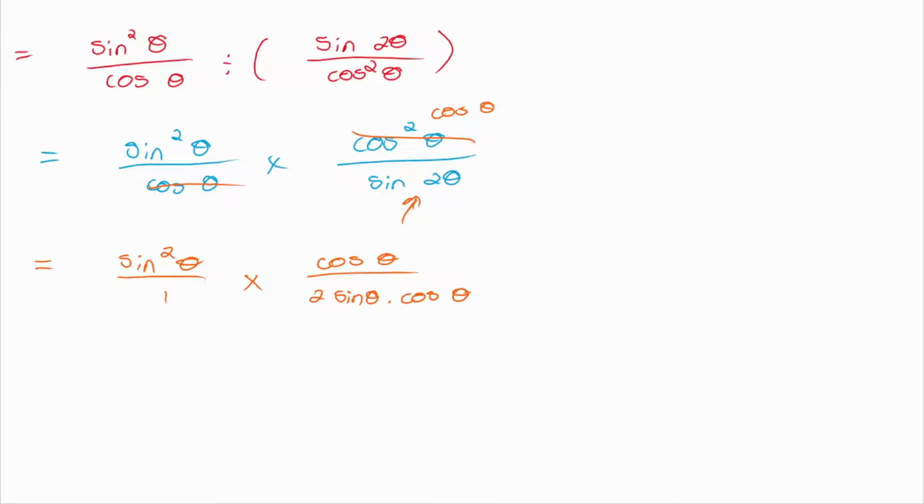More cancelling can happen now, which is what we expected because of the right-hand side. These will cancel, these will cancel, and you're just left with sine theta at the top. That is how we get sine theta over 2. So therefore, left-hand side is equal to right-hand side.